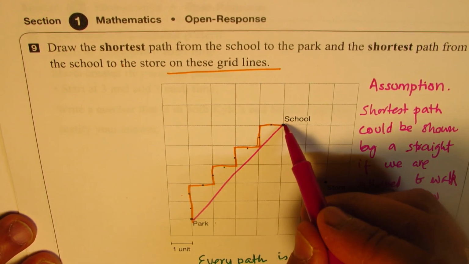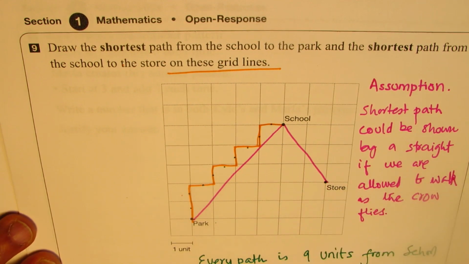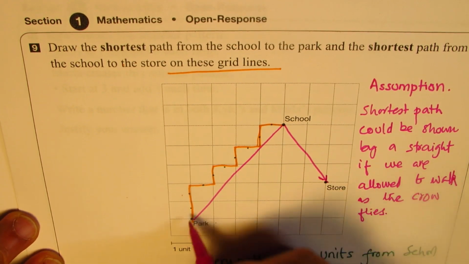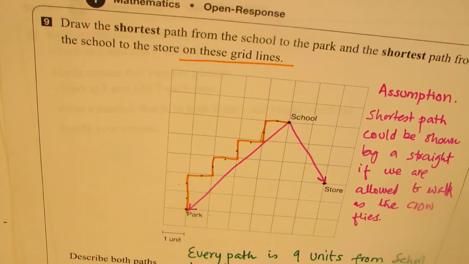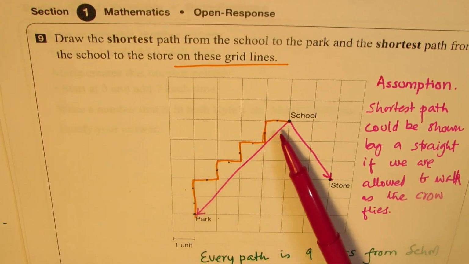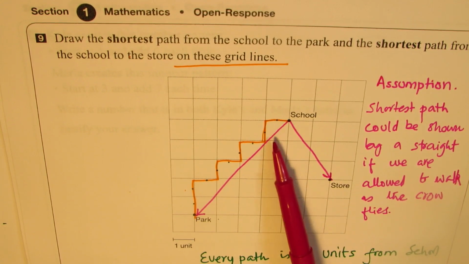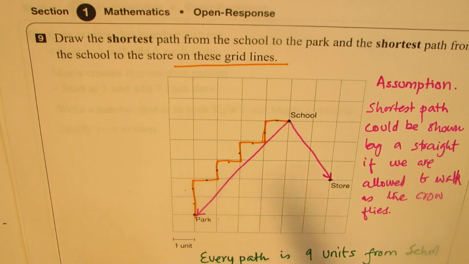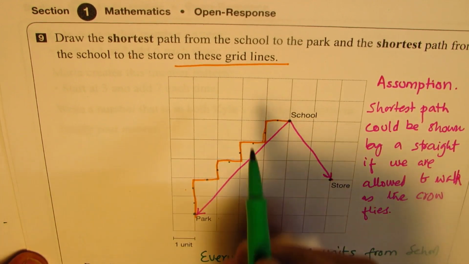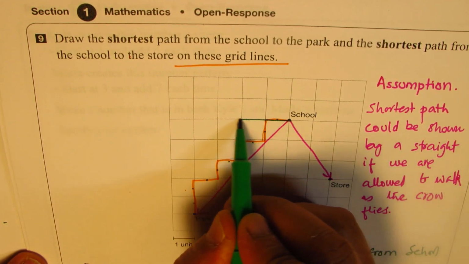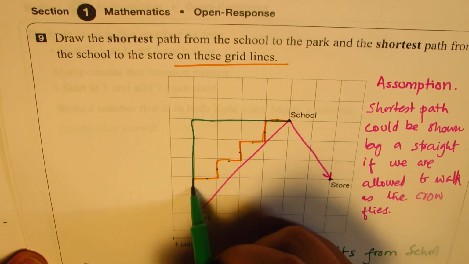So in this case, both the paths shortest could be like this, right? They could be the shortest path. If we are allowed to walk through, perfect. But normally, in the given scenario, there will be buildings here you cannot walk through. You get the idea? So, you can see that all the paths could be leading to the same length, right?